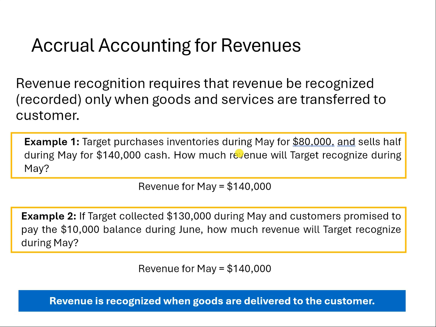How much revenue will the company recognize during May? We sold $140,000 of inventory. That is our revenue, regardless of whether we have received payment or not. The revenue will be recognized for $140,000.